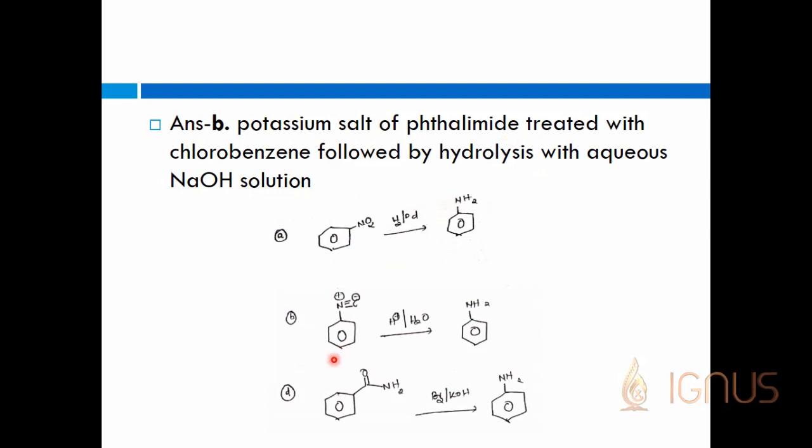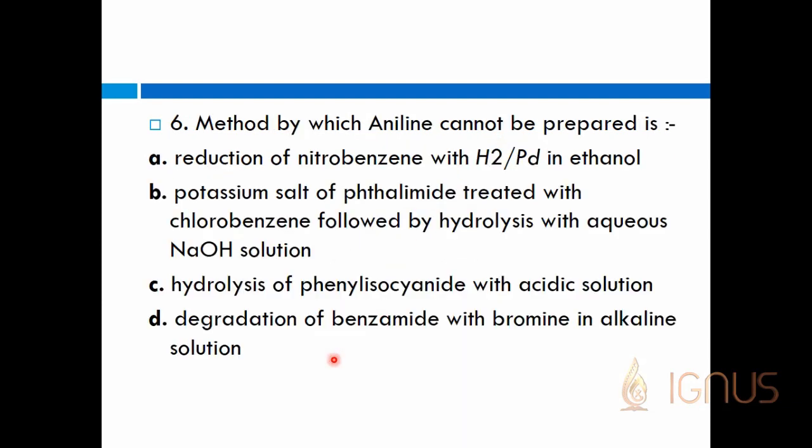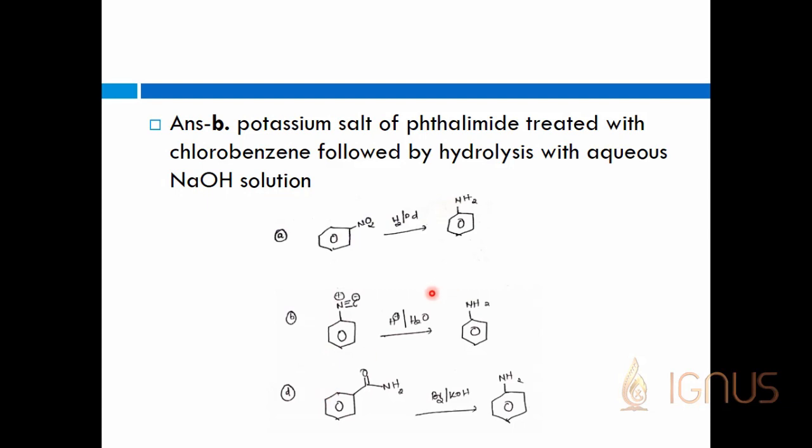Or if we hydrolyze phenyl isocyanide, you will be getting aniline. When we do the degradation, this reaction is known as the Hofmann bromamide reaction, and you will end up with aniline. All these three reactions will give aniline except option B, potassium salt of phthalimide treated with chlorobenzene followed by hydrolysis with NaOH solution. Hence, it is our answer.